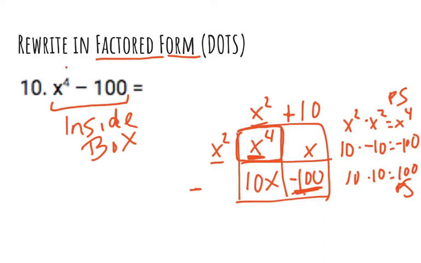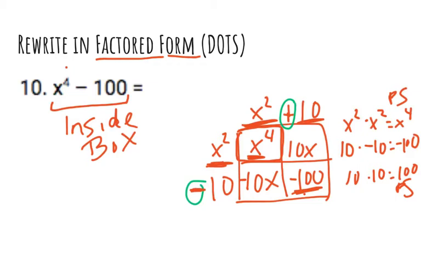The difference comes in the fact that I've got two different signs, and it's subtracting. So x squared times this negative 10 would give me a negative 10x, and here, x squared times a positive 10 would give me a positive 10x.